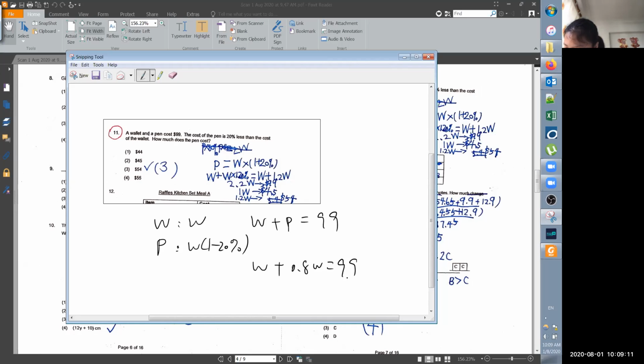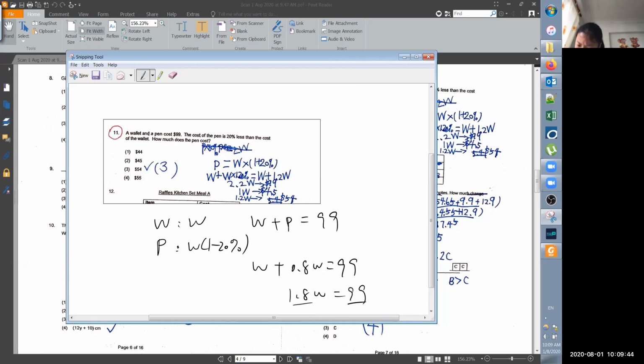Am I right? So after this, what you do is you just simplify it, right? Okay. So 1.8W. Yes. So equals to 99. So you just use 99 divide by 1.8. So what do you do? 99 divided by 1.8. 55. Okay, it should be 55.